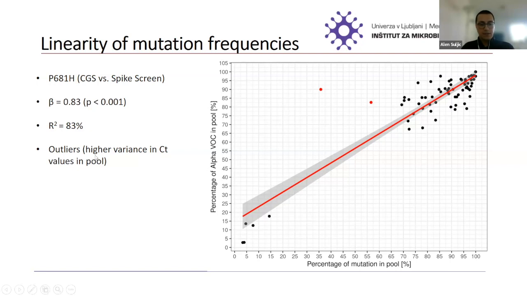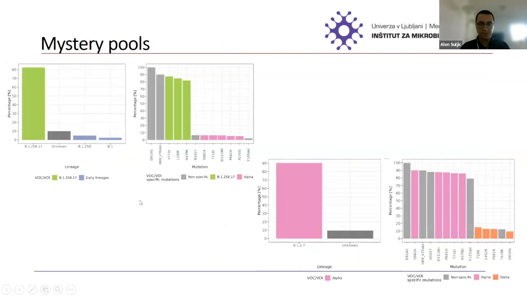We also found two outliers, here colored in red, but we traced them to the higher variance in CT values in the set pool. We actually didn't have the information, so all pools were sequenced by spike screen; we didn't surveil everything with complete genome sequencing.